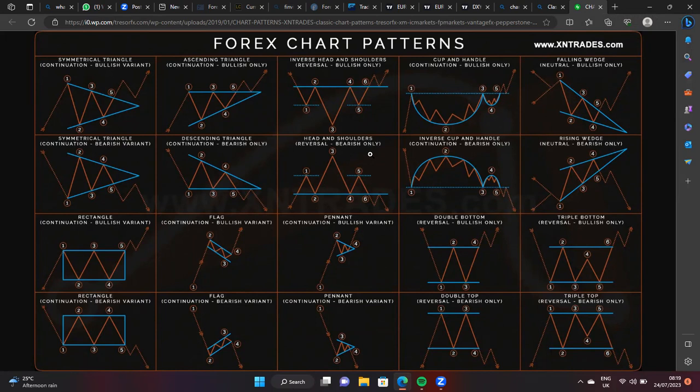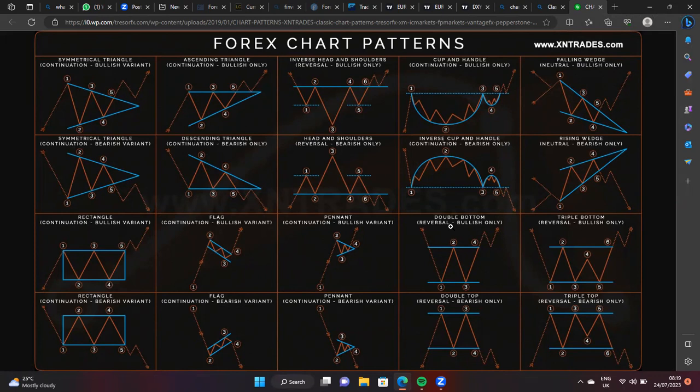Double bottom is another powerful reversal pattern in the market that can switch the direction of a trend automatically. It doesn't need to build on that. It just switches it automatically. Remember that in a trend we have up and down.